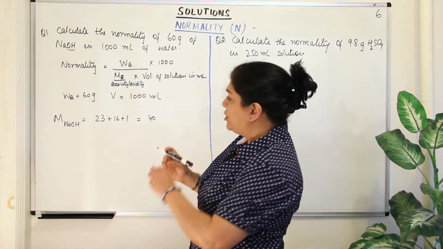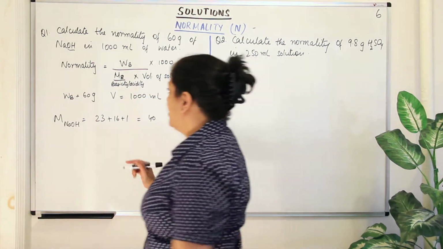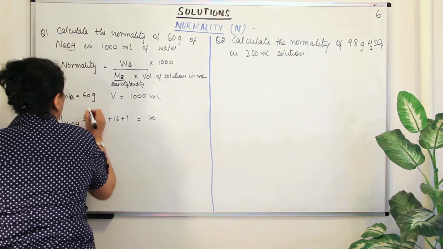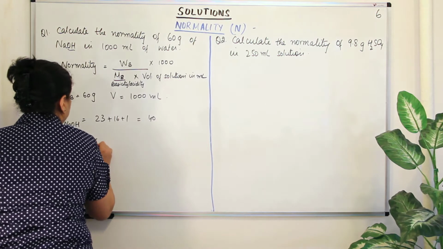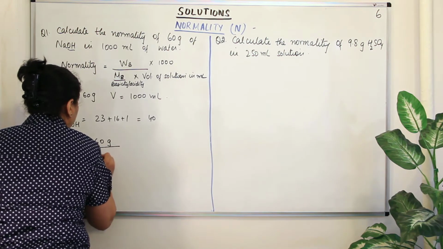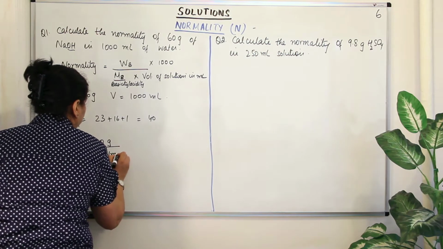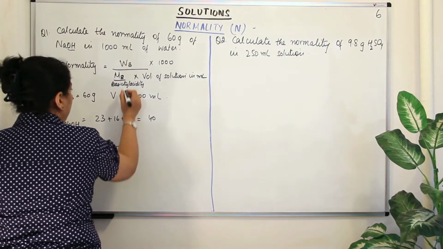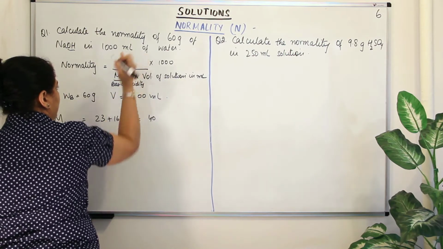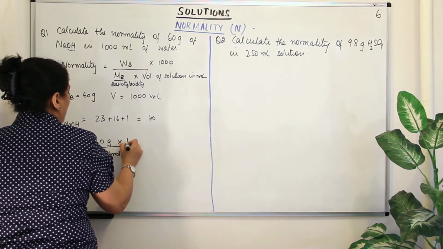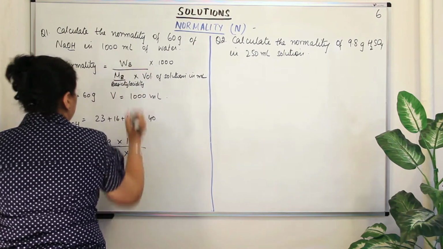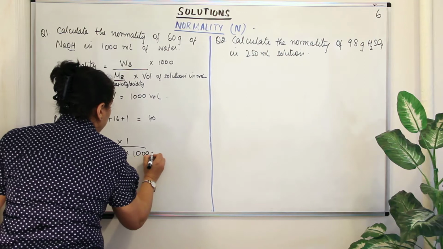So let us just substitute all these values in the equation. So normality would be equal to mass given is 60 grams upon the molar mass is 40 grams per mole upon acidity, so you multiply this, whatever is the denominator becomes the numerator, so into 1, and the volume given is in milliliters, 1000 milliliter.